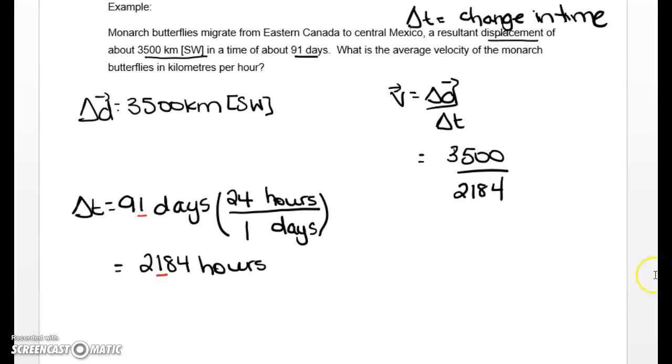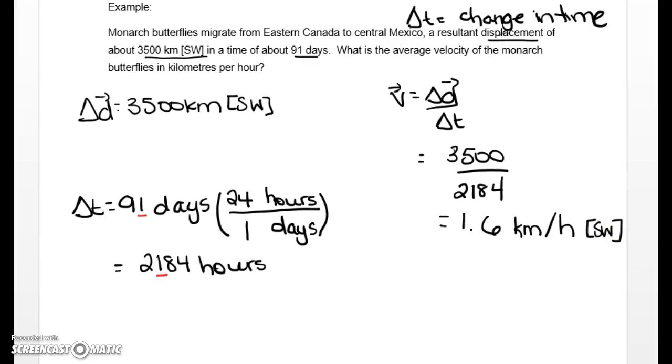So you guys can go ahead and divide those two numbers, and what we'd find is that we would get 1.6. And then our units here are our displacements, that's kilometers per, and here our time was hours. So it's going to be 1.6 kilometers per hour. And then here we have the same direction as our change in displacement, so we can say that it's southwest.